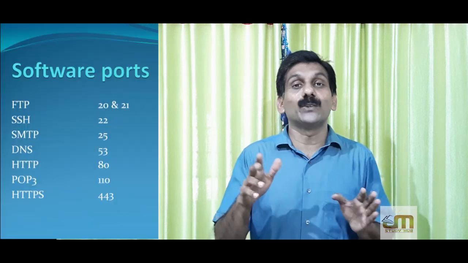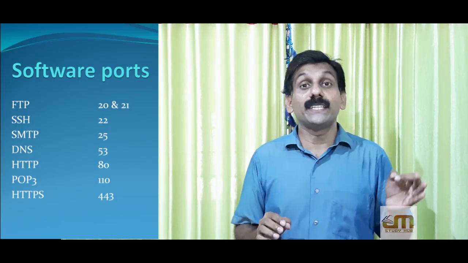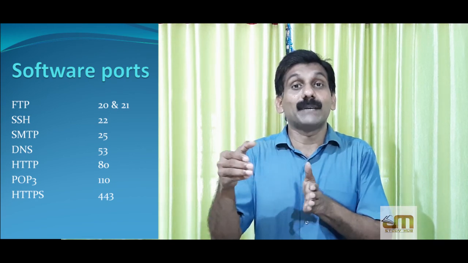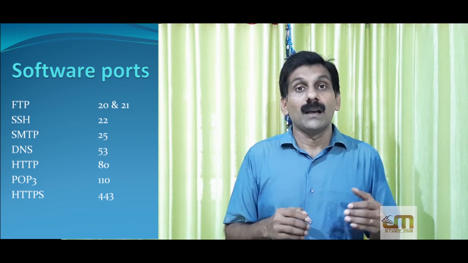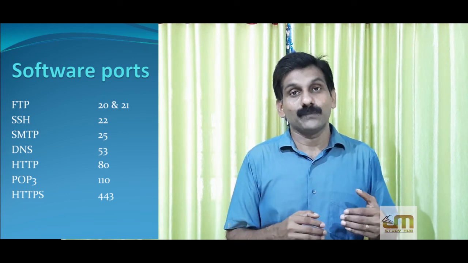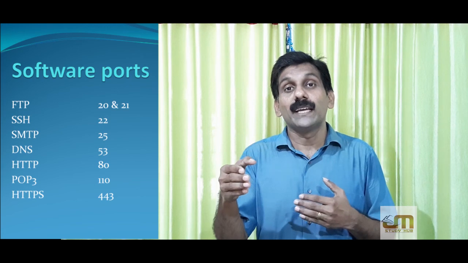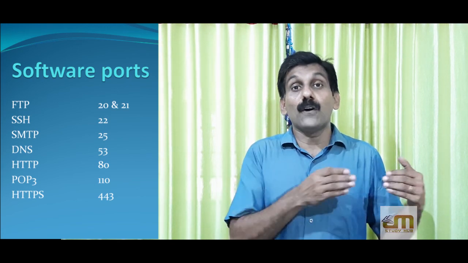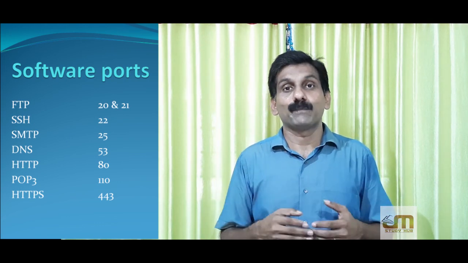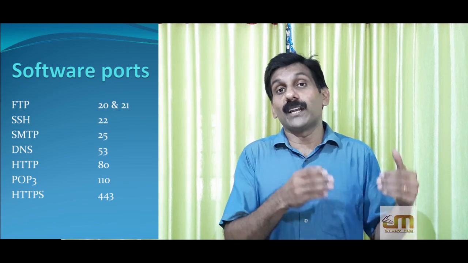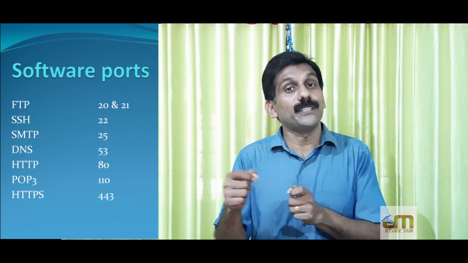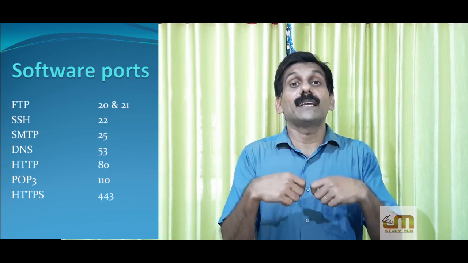20 and 21 are used for FTP communication. 22 is used for SSH. 25 is the port number used by the SMTP protocol. 53 is the port number used by the DNS service. 80 is the port number used by HTTP. 443 is the port number used by HTTPS, and 110 is a well-known port number used by the well-known service POP3, also called Post Office Protocol, which is used for receiving mails.